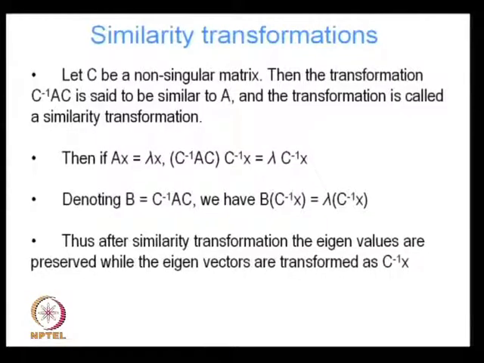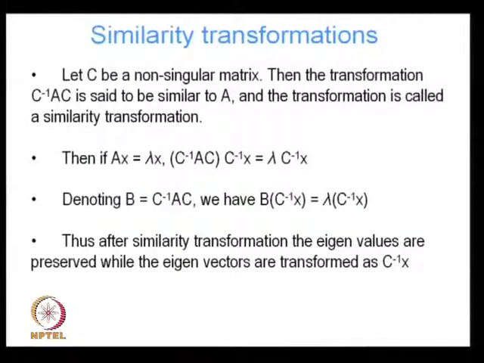Let us go back to the eigenvalue problem Ax is equal to lambda x, and suppose we perform a similarity transformation on A to get C inverse AC. We can see that if we pre-multiply both the left hand and right hand side with the matrix C inverse, we get C inverse Ax is equal to lambda times C inverse x.